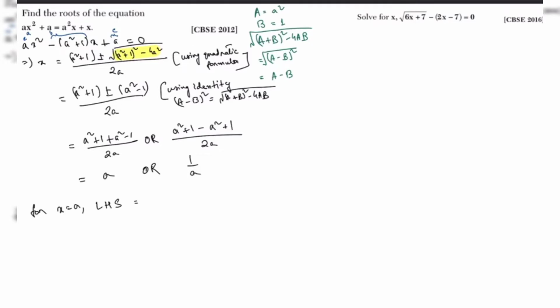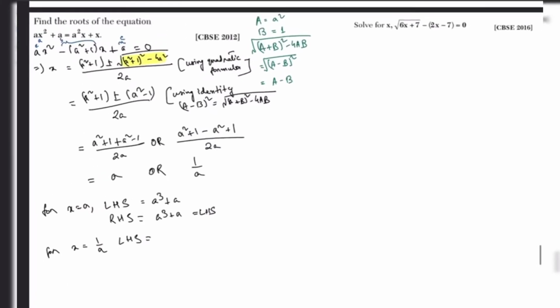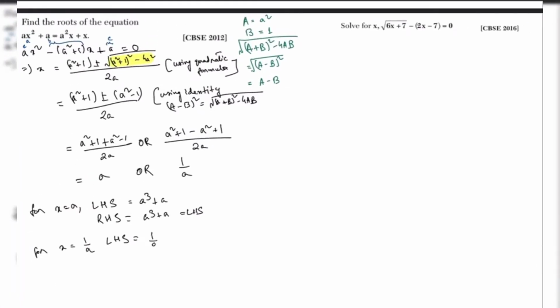LHS is a cube plus a, and RHS is also a cube plus a, equal to LHS. And for x equals 1 by a, LHS is 1 by a plus a, and RHS is a plus 1 by a, which is equal to LHS. So both of these are solutions of this equation.